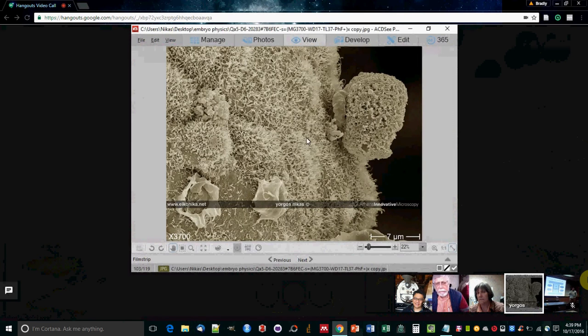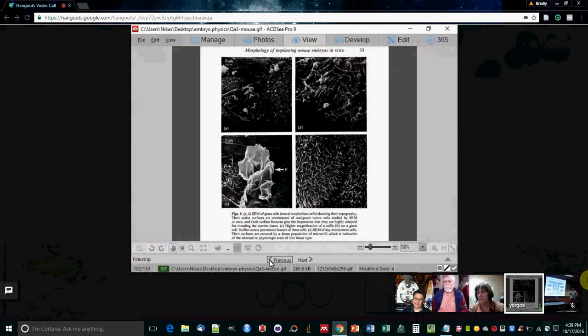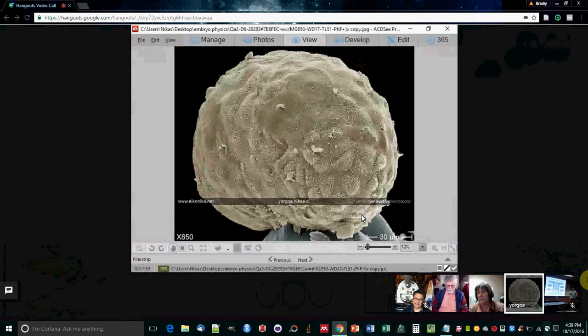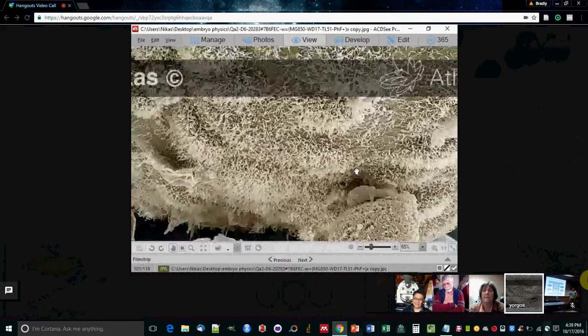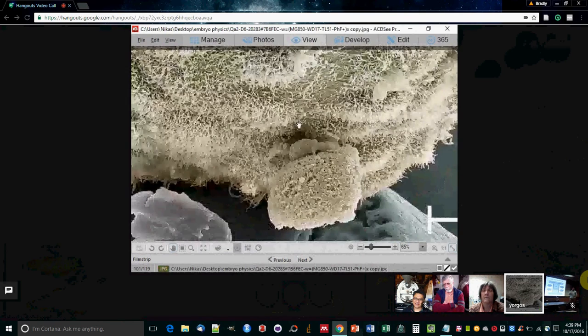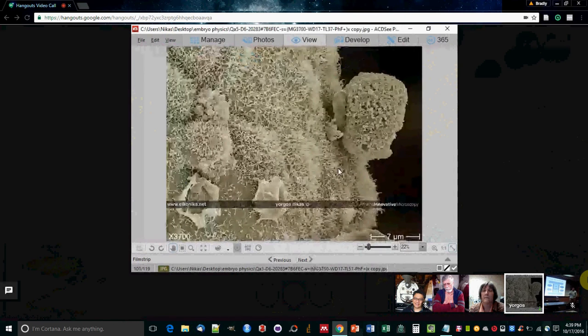Look, it was the only one here. This is what I will show you in more detail. This one here. First, I thought it was rubbish. I didn't pay much attention, but if you see in this image here, this and this and this, maybe the same structures at different stages.